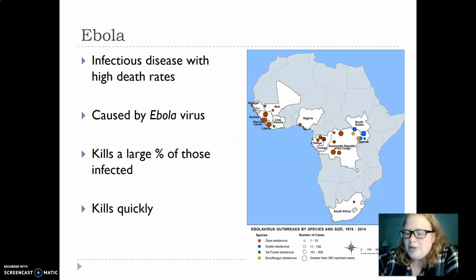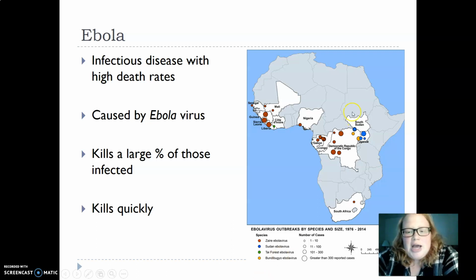Ebola, you have probably remembered an Ebola outbreak in your living memory. The problem with Ebola is that it has a super high death rate. It's caused by the Ebola virus, and it kills a large percentage of those infected, and it kills super quickly. It's a hemorrhagic fever, so you get a very high fever and you start bleeding.